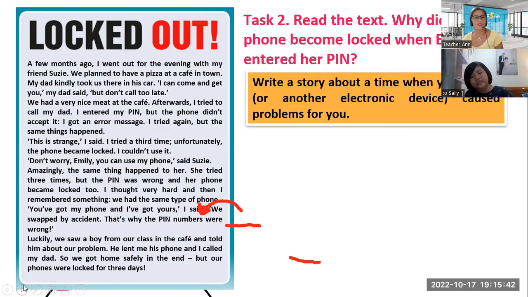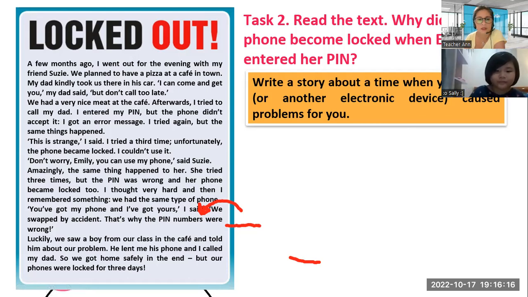I couldn't use it. Don't worry, Emily. You can use my phone, said Susie. Amazingly, the same thing happened to her. She tried three times, but the PIN was wrong and her phone became locked. I thought very hard and then I remembered something. We had the same type of phone. You got my phone and I got yours.